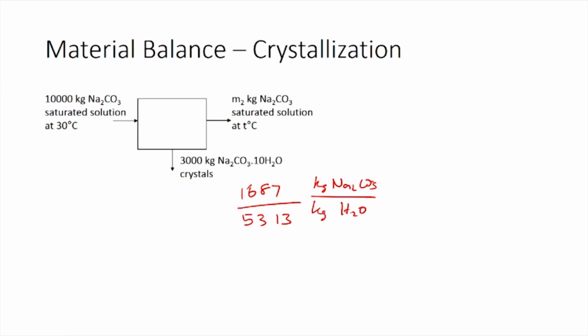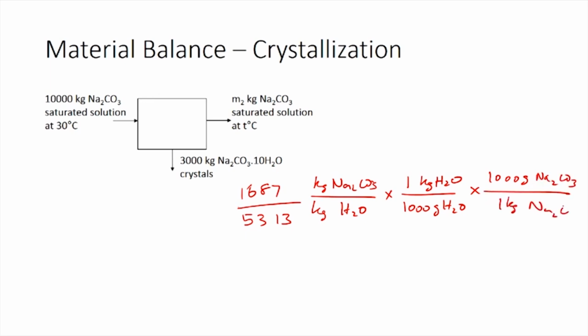Now, first thing we need to do is convert these kilograms into grams. So, that we can do by 1 kilogram of water divided by 1000 grams of water times 1000 grams of Na2CO3 divided by 1 kilogram of Na2CO3. By doing this, we would get the values of solubility in terms of grams of Na2CO3 per gram of water.